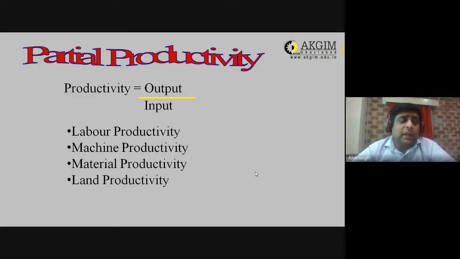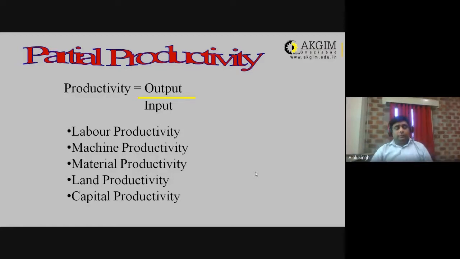Okay, next is capital productivity. What is capital productivity? It means how much money you have deployed to a certain operation, and what the outcome is. If in some business you get negative productivity in terms of capital, you will immediately take back your money from that business. Why? Because capital productivity is not up to the mark.